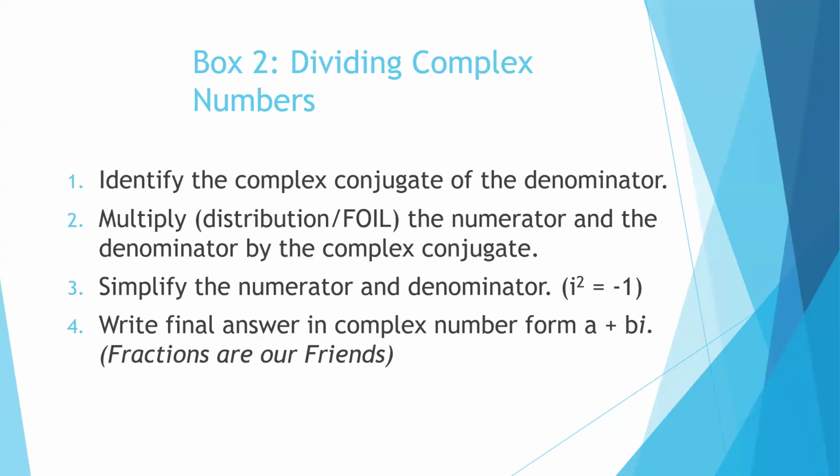How do we divide complex numbers? Step 1 is to find the complex conjugate of the denominator. Step 2 is you're going to multiply the numerator and the denominator by the conjugate.